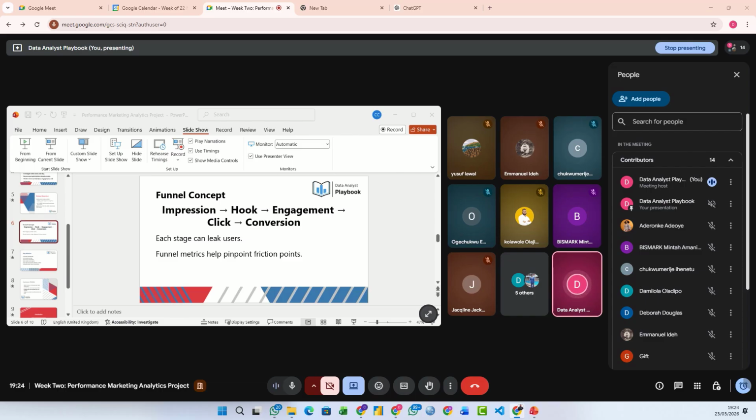So it is very important for each of us to look through that. Very, very important. So like I said before, we can see creative types like videos, images, and carousels, and we can also look at hooks, just like what hooked them. Is it in the first 3 seconds?